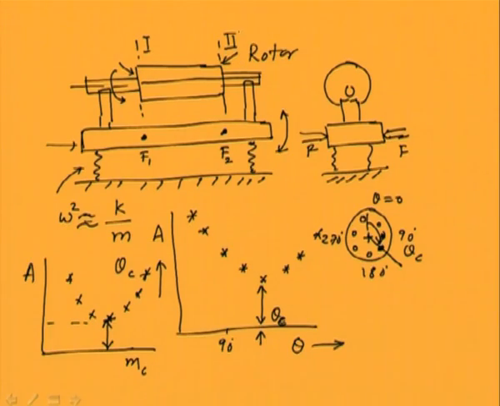So this gives us the correction mass on plane 2, okay, and the same procedure we have to repeat by fulcruming the rotor at F2. In that way we will get the correction mass for plane 1.